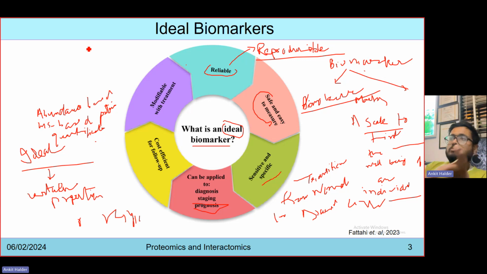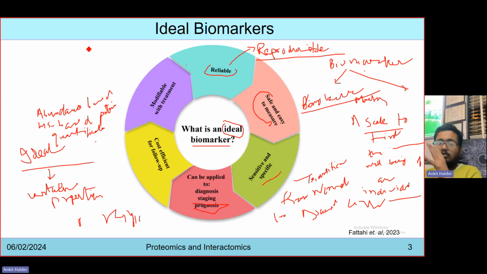Ideal biomarkers should be such that whenever treatment is given, if that person is responding to the treatment, then its expression should change or its value should come back to a normal level. So this gives us a hint whether an individual is responding to the treatment or not.